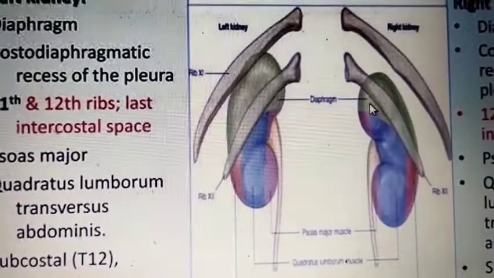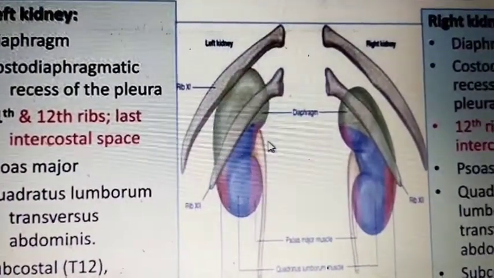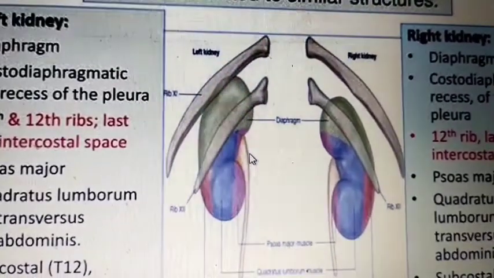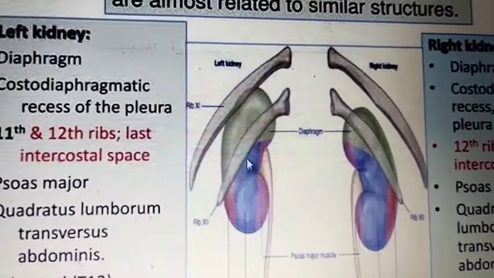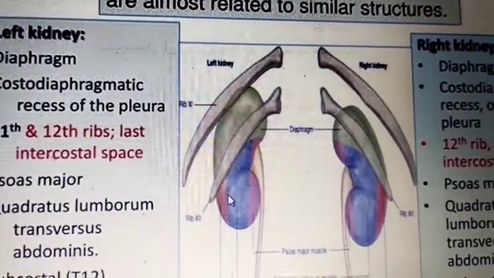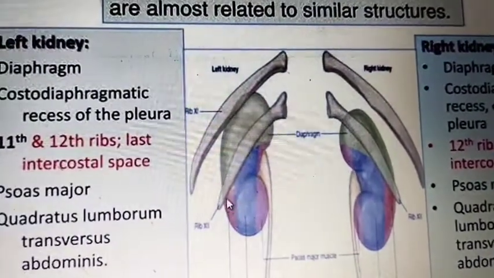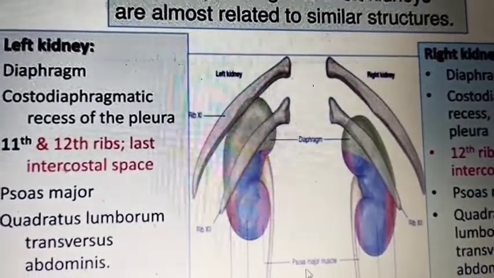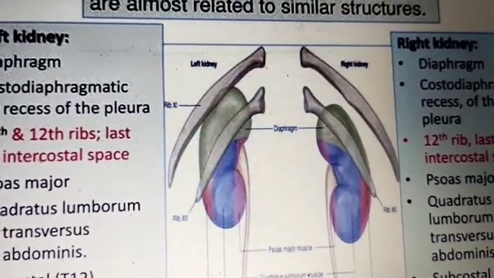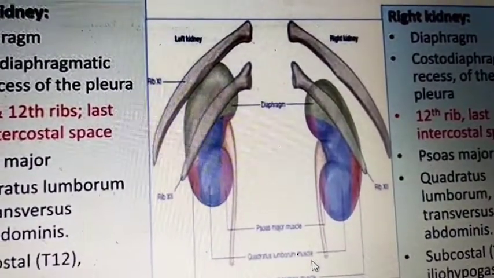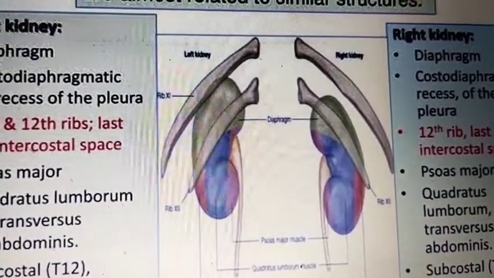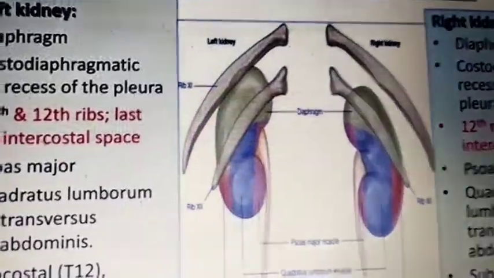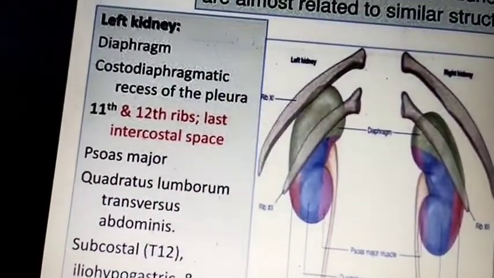Here is the psoas major muscle, quadratus lumborum, and transversus abdominis. Then there is the ureter. This is the relationship of the kidney.